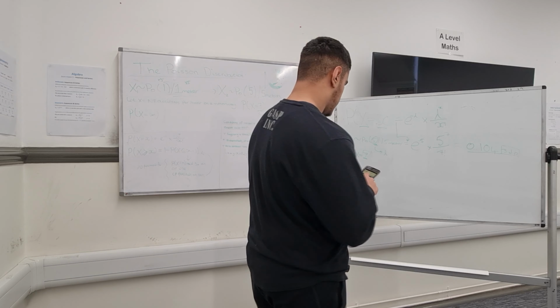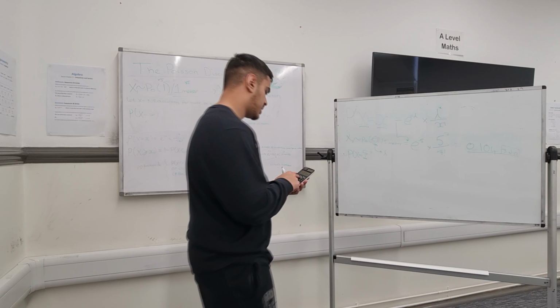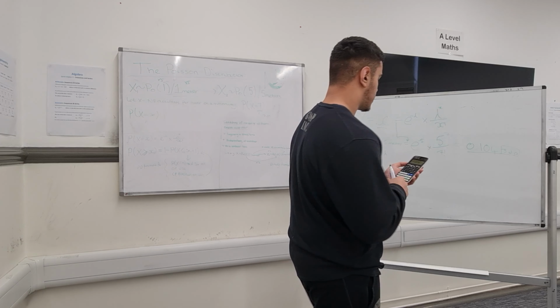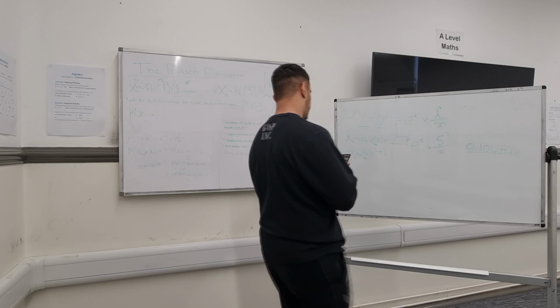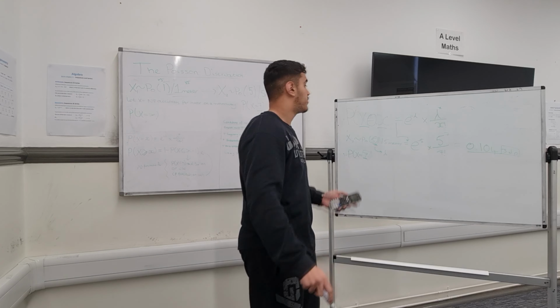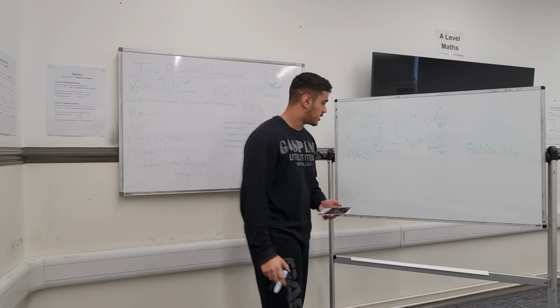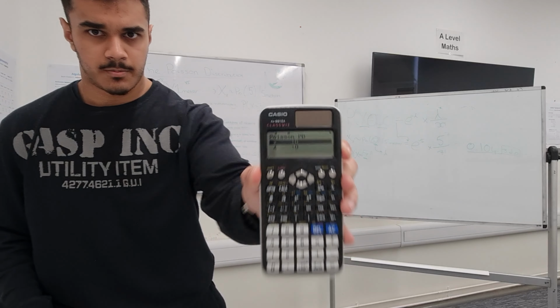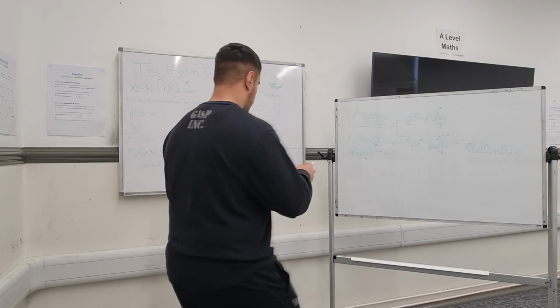Now we can go on to menu 7. We can click the down button and go on to Poisson PD and variable. Now it's PD because we're given an equal sign here, not CD. X is equal to 7, because that's what we're trying to find.